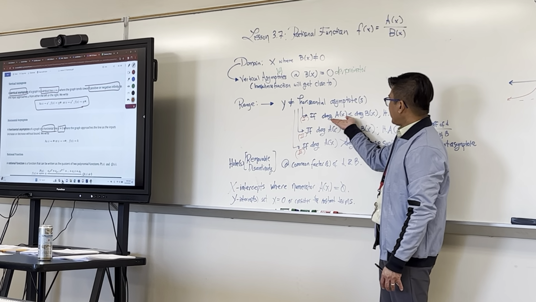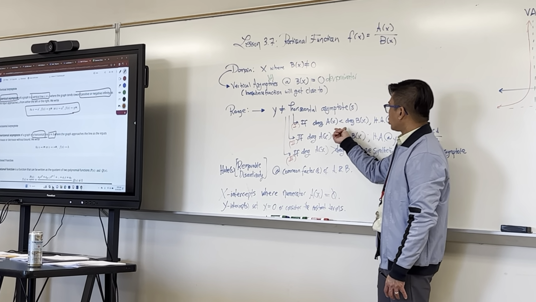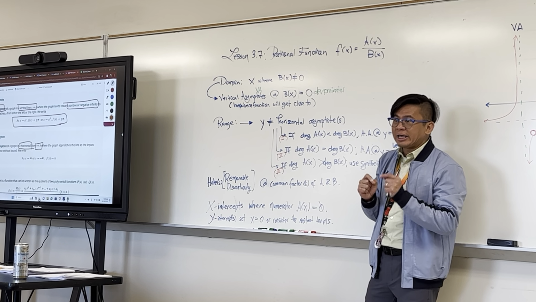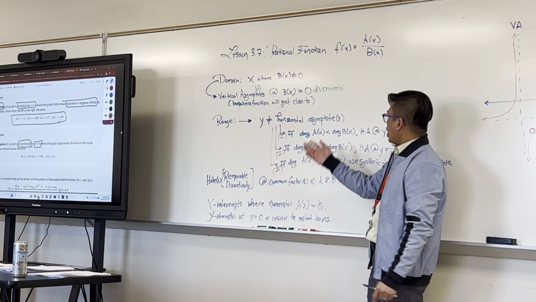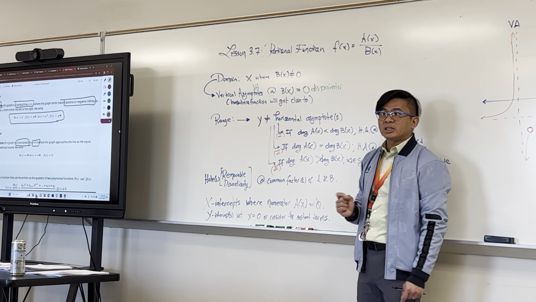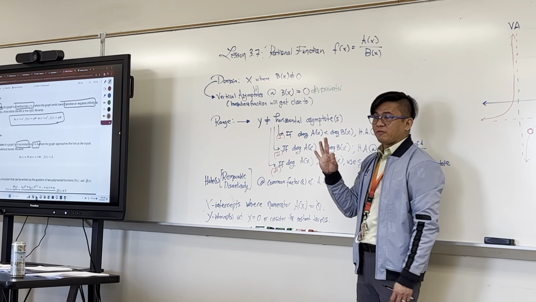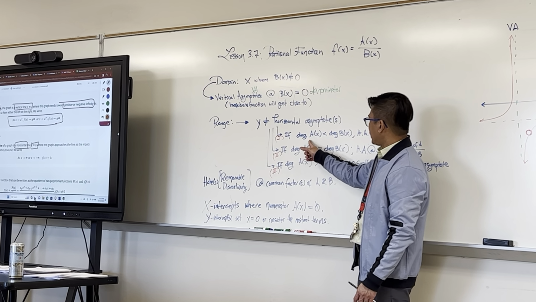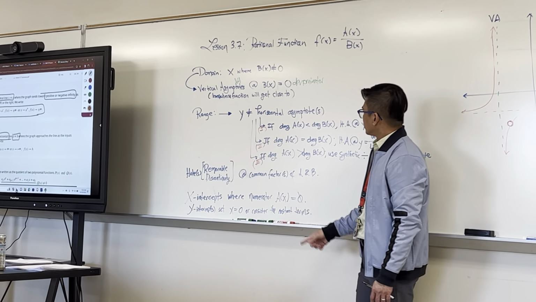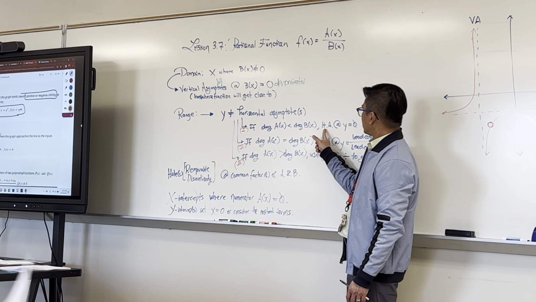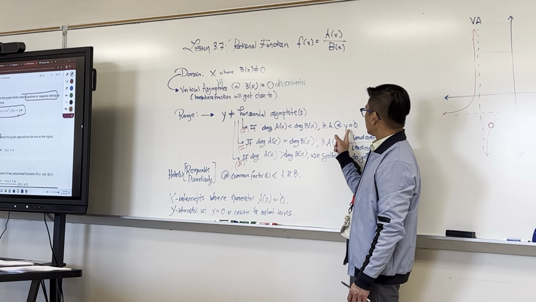And as you may notice in here, the horizontal asymptote depends on what? The degree, the highest exponent or the degree of the numerator and denominator. Good. Let's read those 3 cases for such. Emma, let's read the first case. If degree of a of x is less than the degree of b of x, HA at y equals 0.